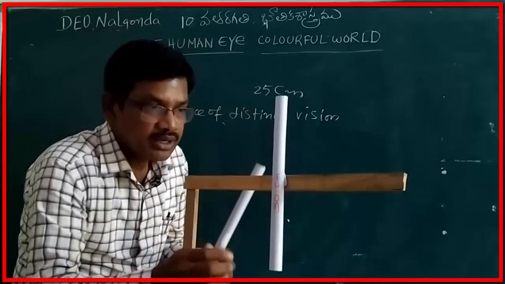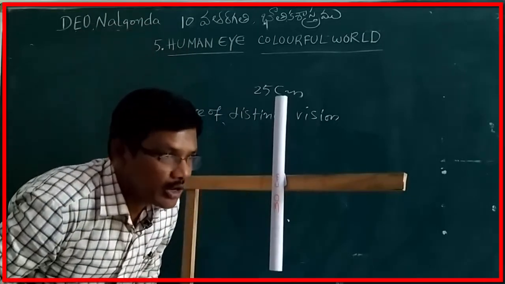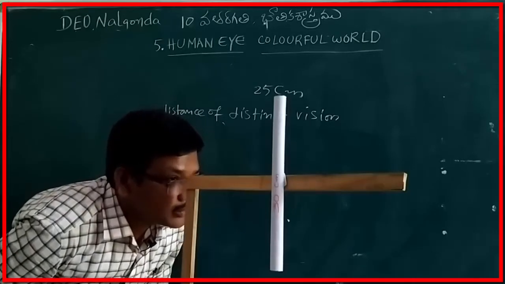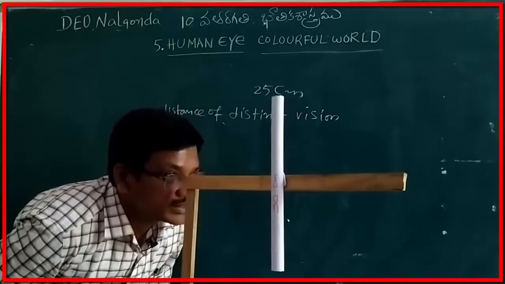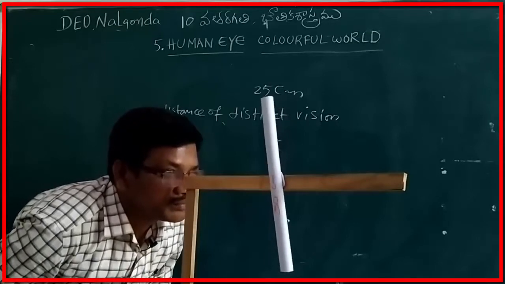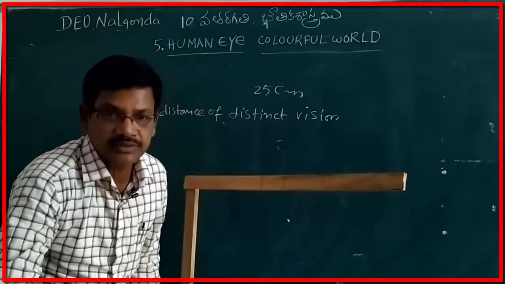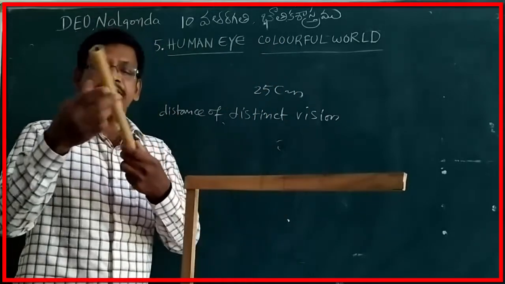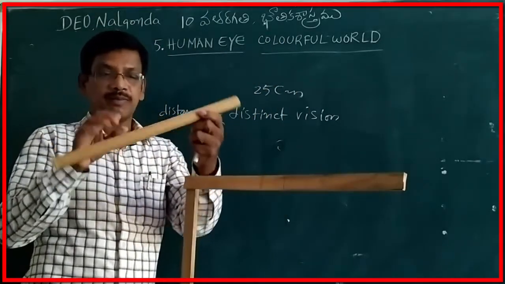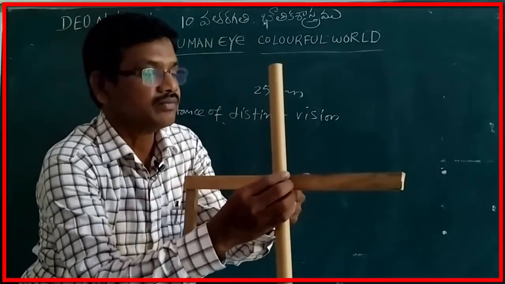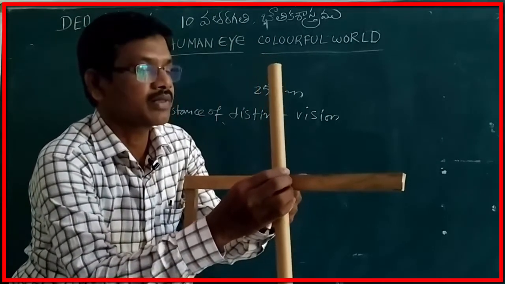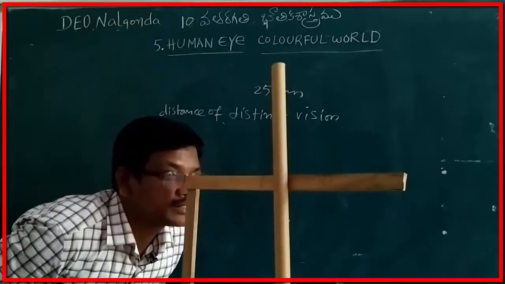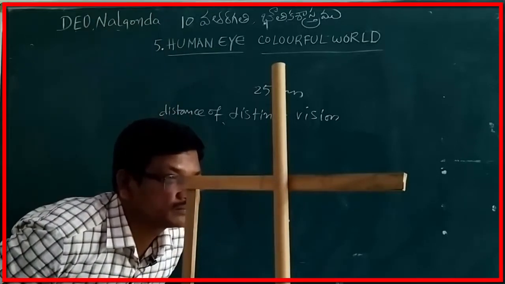So after placing the 30 centimeter rod on the horizontal rod, now you try to see top and bottom of it again. Later, you place a 40 centimeter rod at the place and try to see again top and bottom of it.